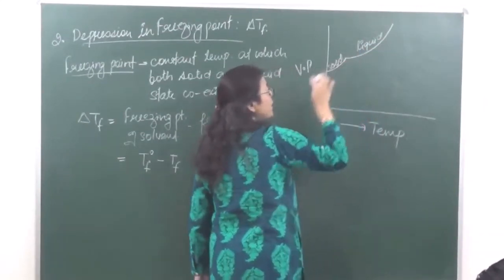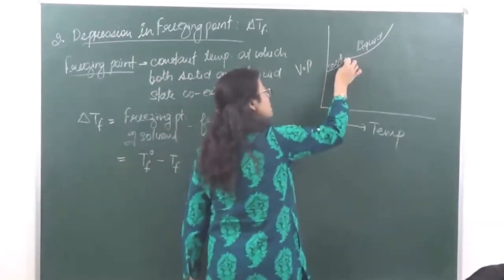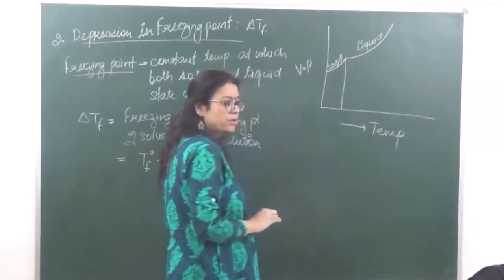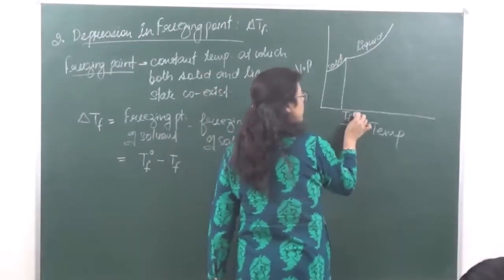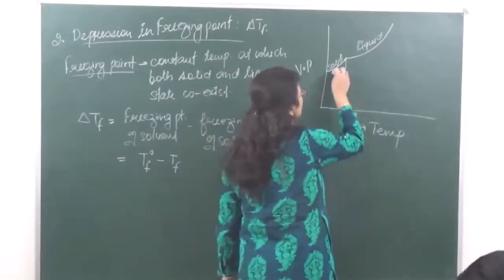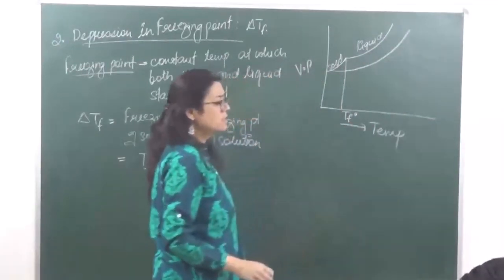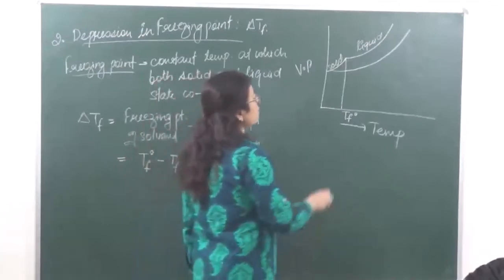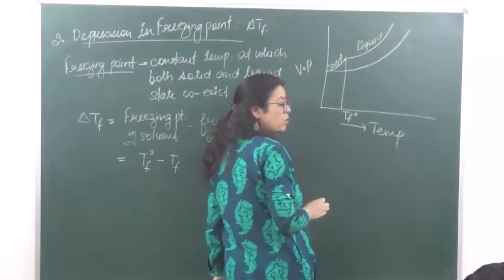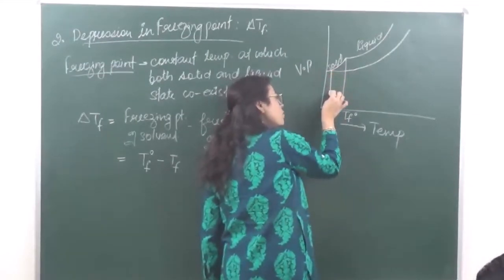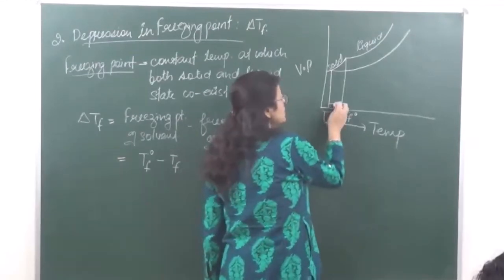At this particular point, both solid and liquid are coexisting. So this is going to be the freezing point of the pure solvent, Tf naught. If we put a non-volatile solute, the graph comes like this, right? Now this is where both are coexisting. So this is going to be Tf, right? So this is delta Tf.